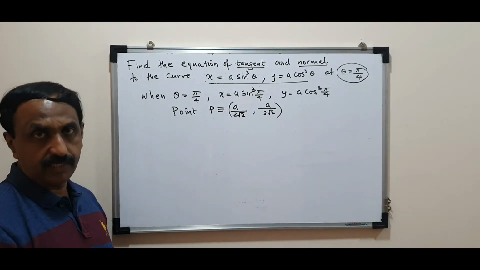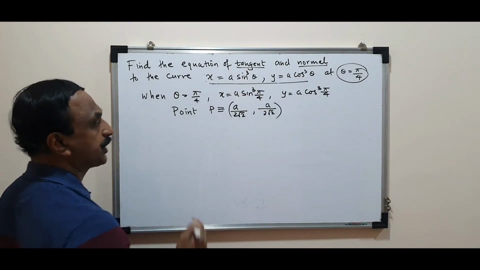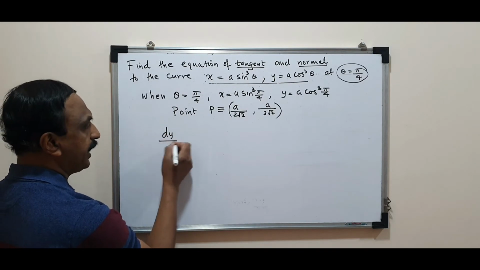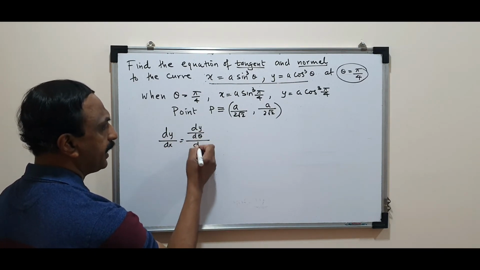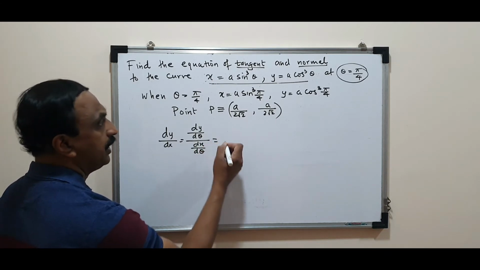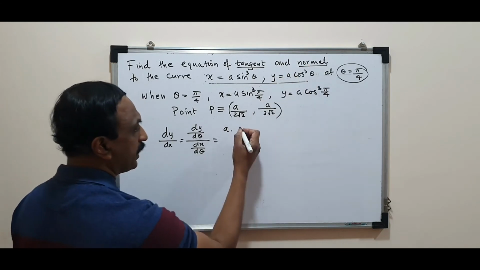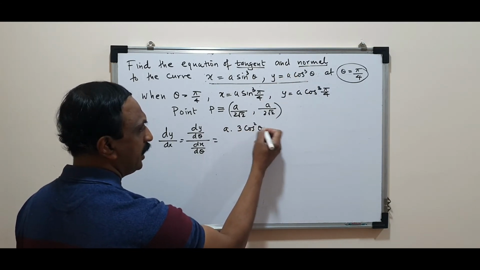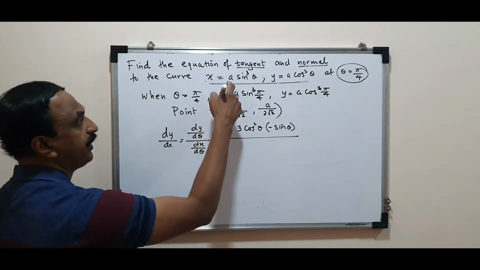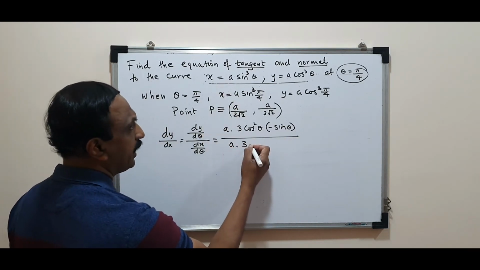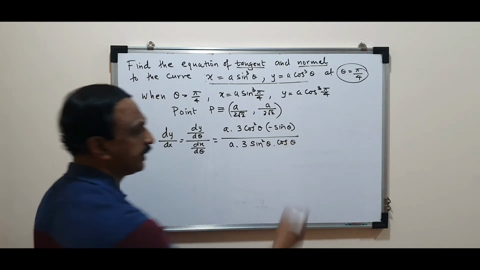And you know the slope of the tangent is dy by dx. But to calculate dy by dx, it's a parametric equation. So I will write dy by dx is dy by d theta divided by dx by d theta. So dy by d theta is a into the derivative of cos cube theta, 3 cos square theta into minus sin theta, divided by the derivative of x, a into 3 sin square theta into the derivative of sin theta, that is cos theta.